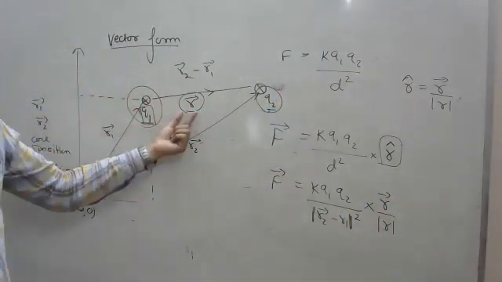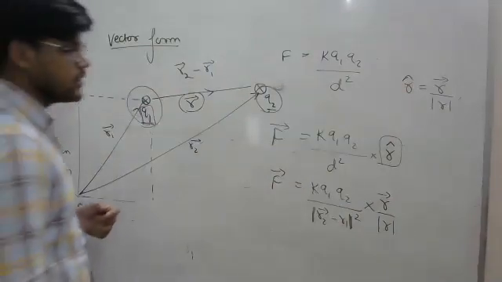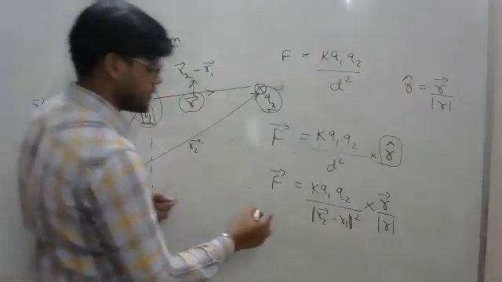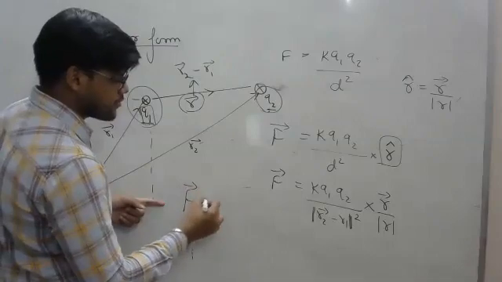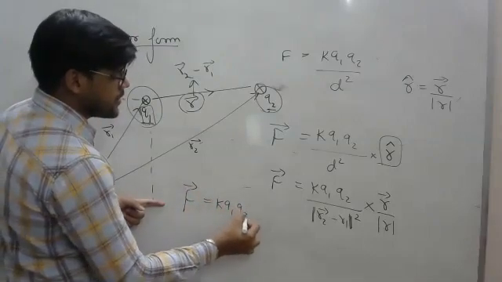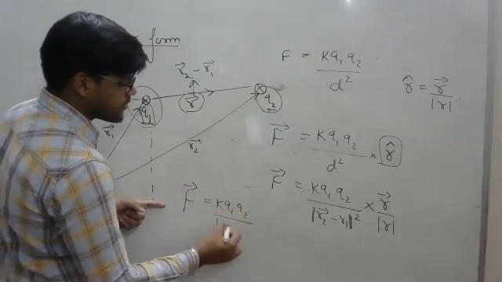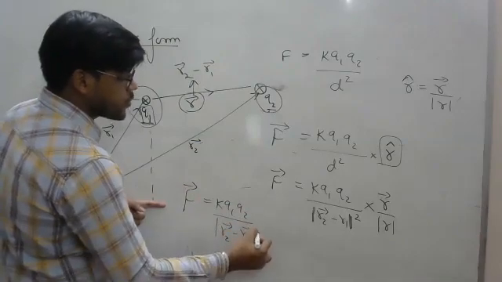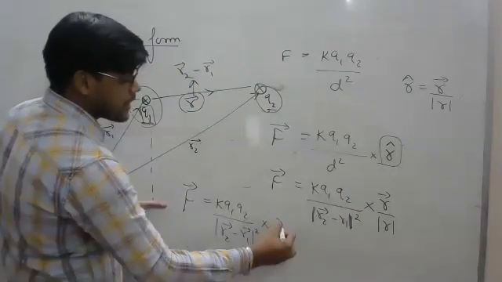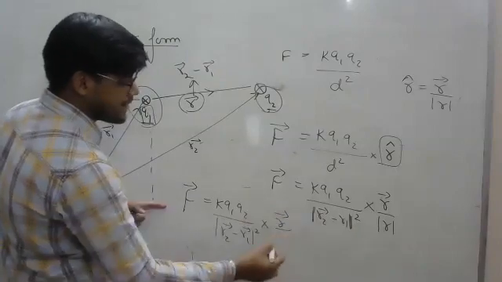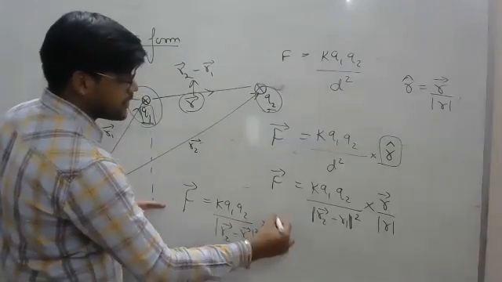And what is R? R is R2 minus R1. See, this thing is not given in your textbook properly. What I am writing is important. R2 minus R1 square into R upon magnitude of R. Again, magnitude of R.